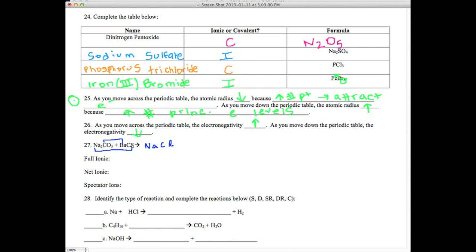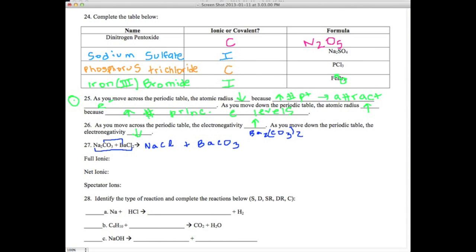Ignore those 2's for right now. Now, the charge of Ba is +2, the charge of CO3 is -2. Therefore, when I create my compound, those 2's cancel each other out, because otherwise I would just have Ba2, CO3, 2. These cancel each other out, and I just end up with BaCO3.